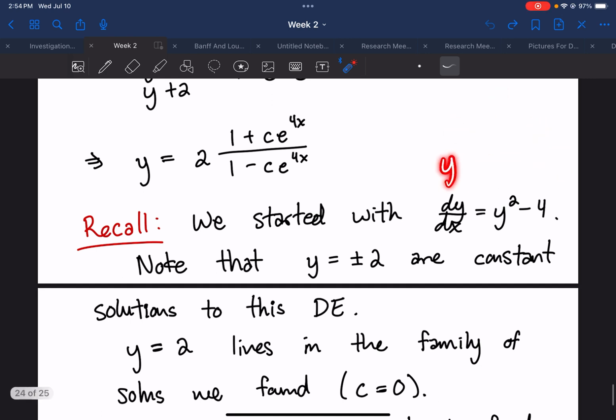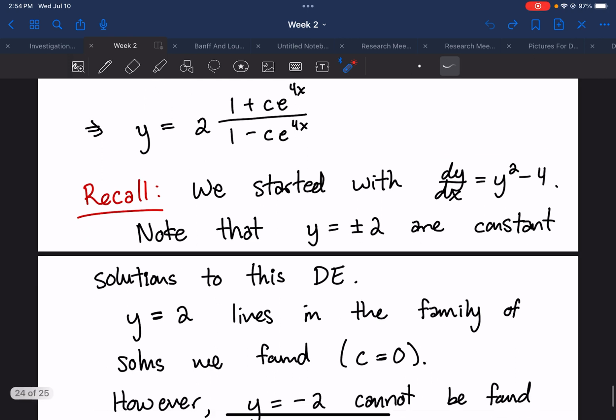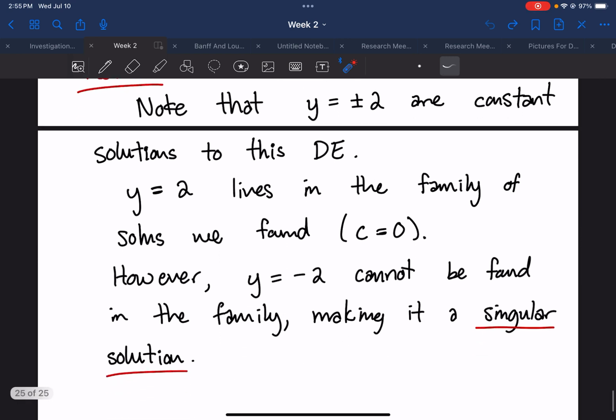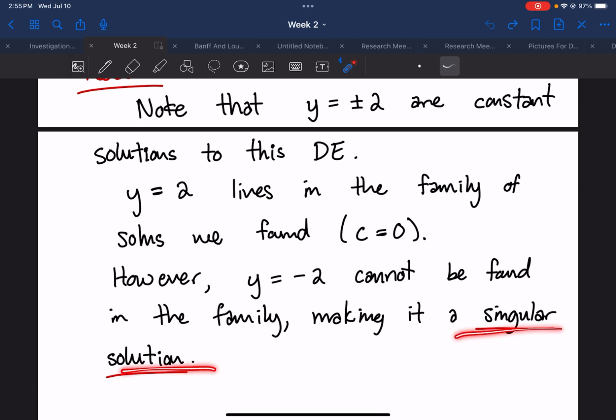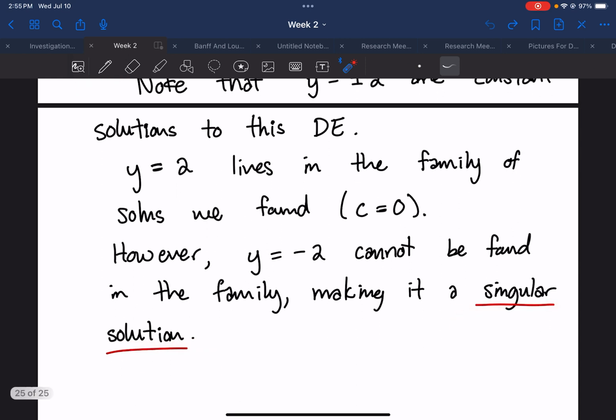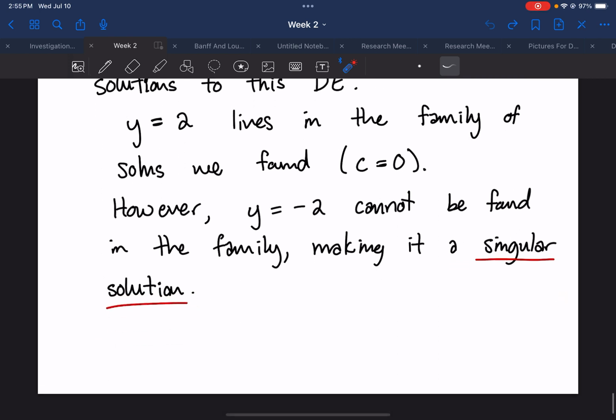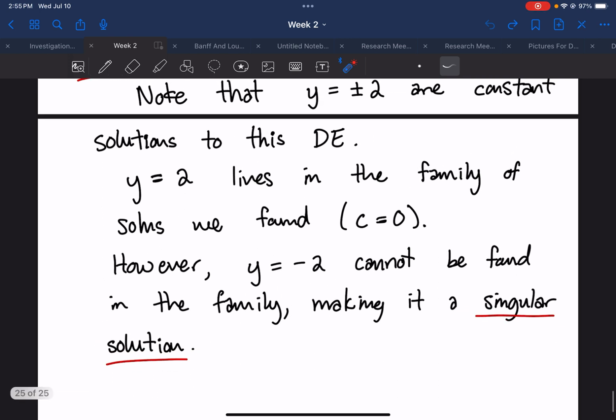So y equals negative 2 is a solution. However, there's no way to make this side equal negative 2. This will never equal negative 2. We call this a singular solution to the differential equation. These are special solutions called singular solutions. And you have to be careful sometimes, because you'll lose them.